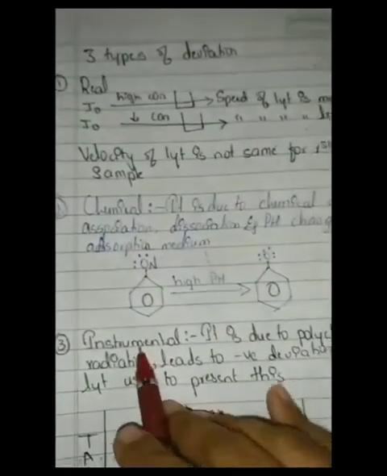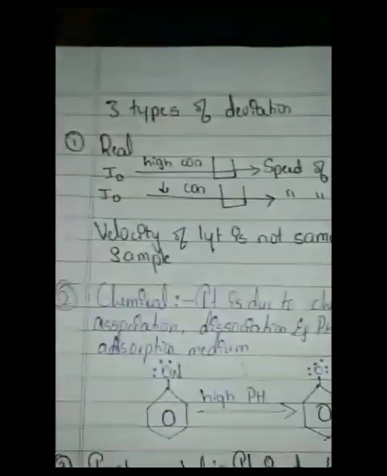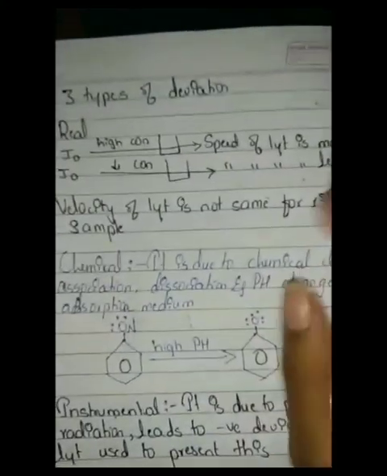Namely, the deviations are of three types. Which are those? Let us see now. These are the three types of deviation: real deviation, chemical deviation, and instrumental deviation. In real deviation, I0 is the intensity of the light. At high concentration, the light passes through the tube and the speed of light is more reduced.